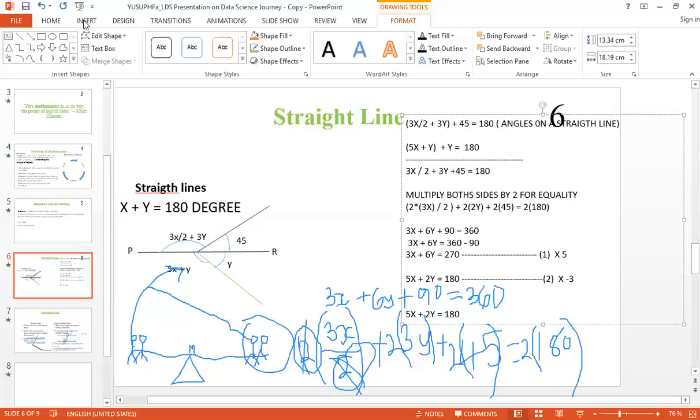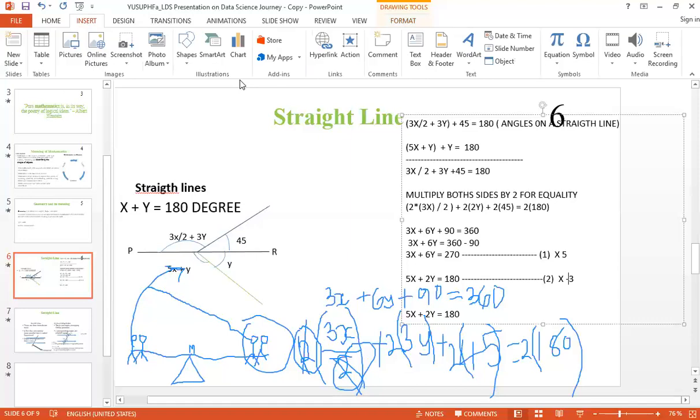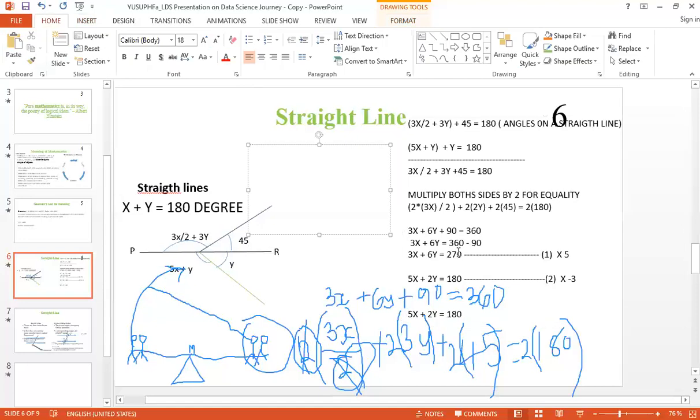So what will happen now is, we are choosing 5 for this, and we are choosing minus for this. So we have 5 times 3x, which is going to be 15x.